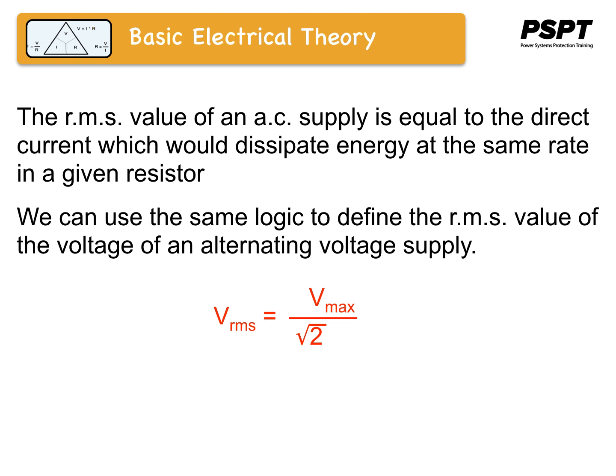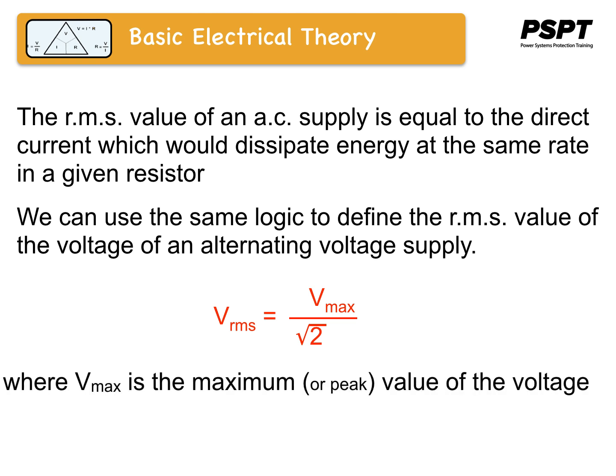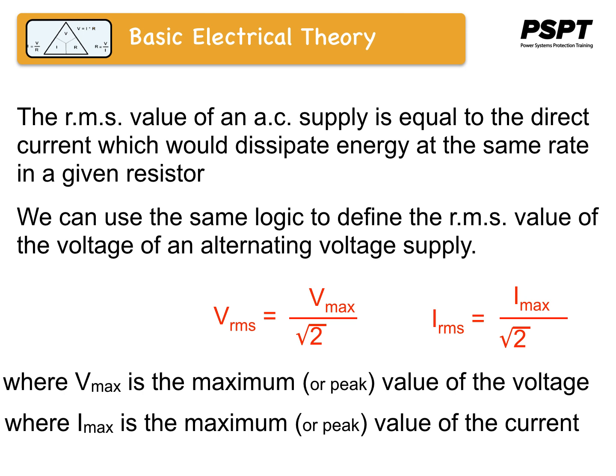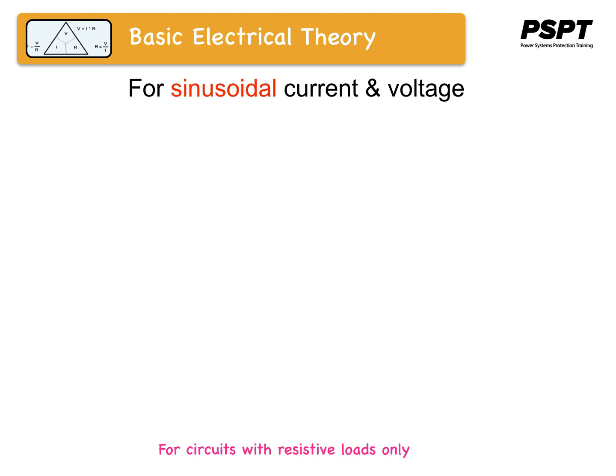We can use the same logic to find the RMS value for voltage of an alternating voltage supply, which is VRMS is equal to the maximum voltage divided by the root of 2, or multiplied by 0.71, where Vmax is the maximum or peak value of the voltage, and it's the same equation that we use for IRMS, I max all over root 2, where I max is the maximum or peak value of the current.